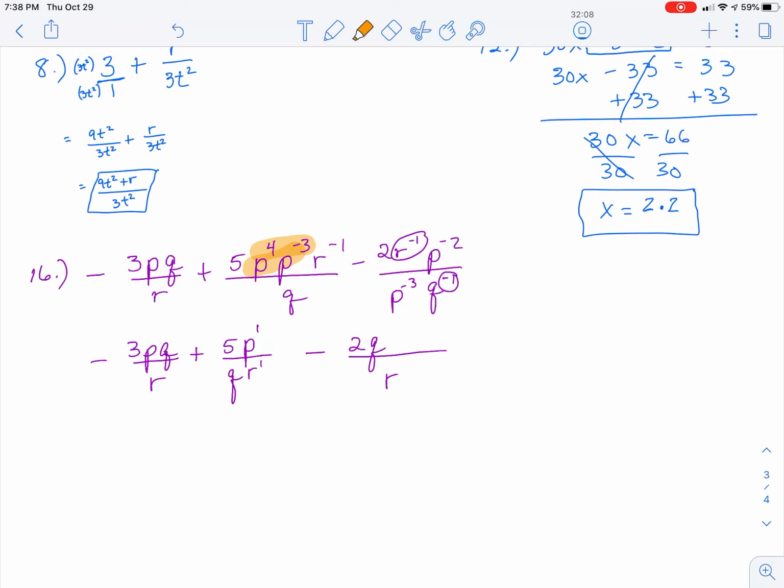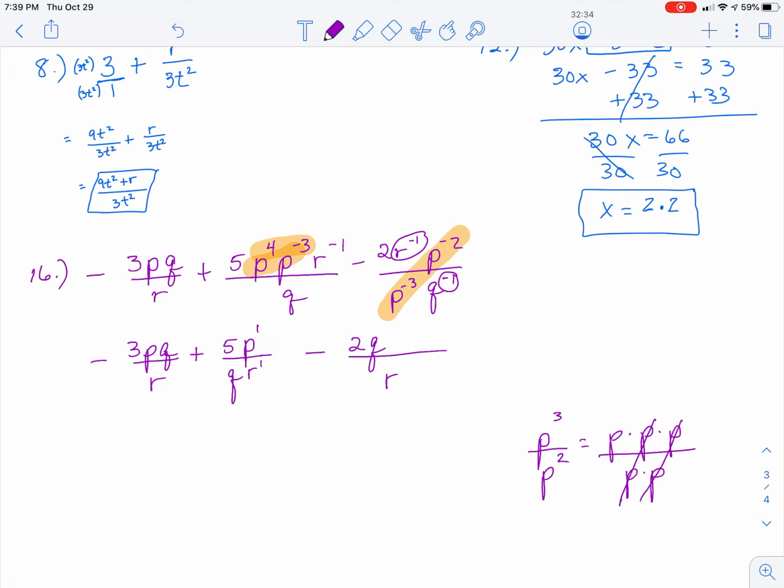But I do need to deal with that term right there. So I have p to the negative second power on top and p to the negative third power on the bottom. Well, let's think about this. If I had, I'm just going to change this around for an example, p to the third power divided by p to the second power. Let's think about what that means. That's p times p times p over p times p.